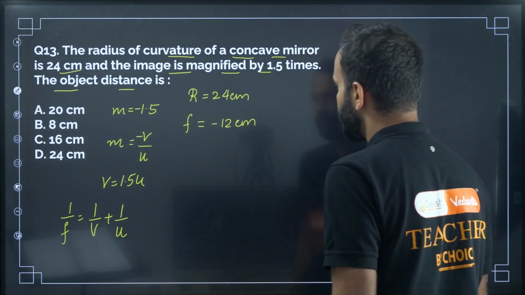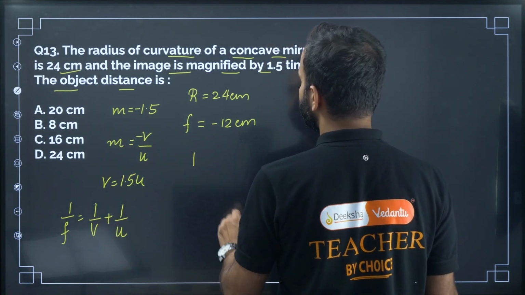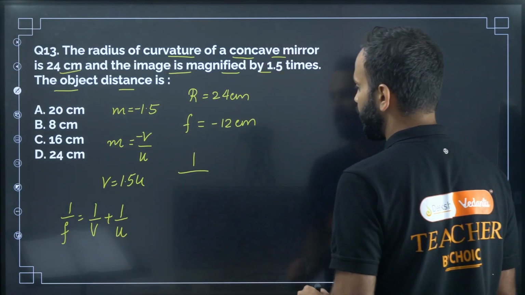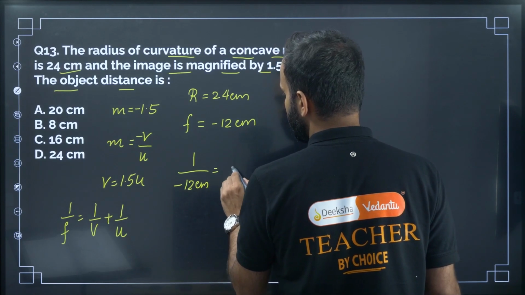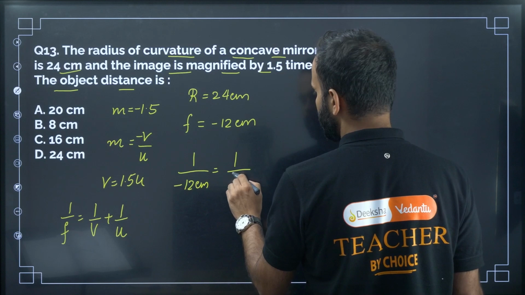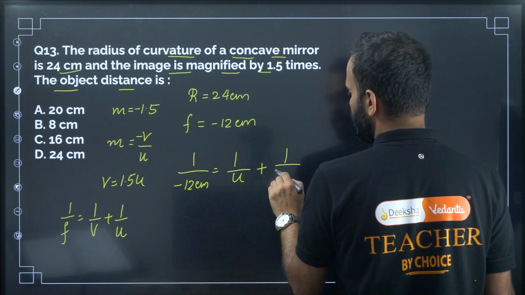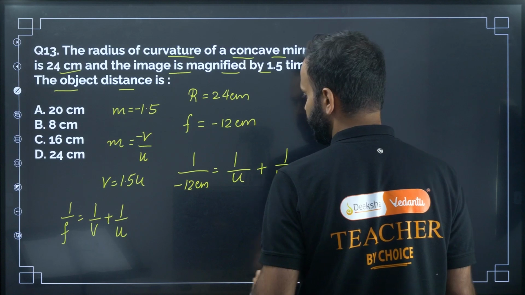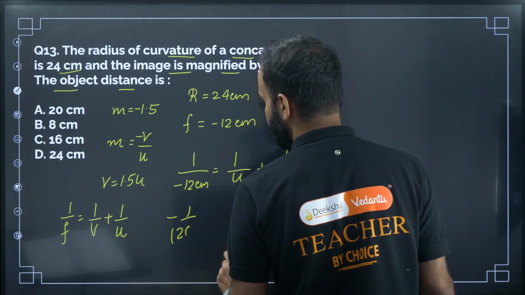So 1 divided by F, F is minus 12 centimeter, is equal to 1 divided by U, we need to find U, plus 1 divided by V, which is 1.5 times U.